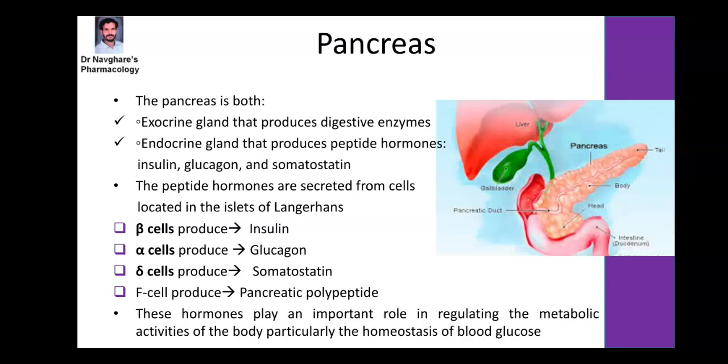These hormones play an important role in regulating the metabolic activities of the body, particularly the homeostasis of blood glucose. So this is about the pancreas, and in case of diabetes, the most important cell is the beta cell, which produces insulin.